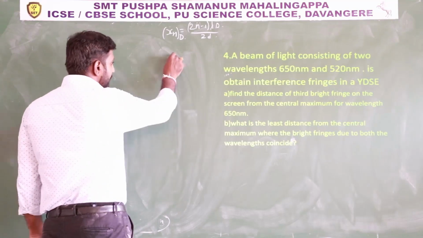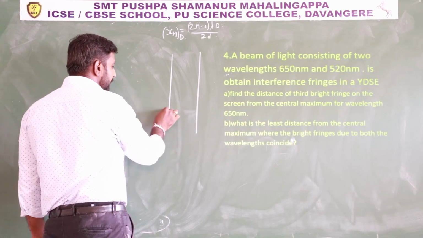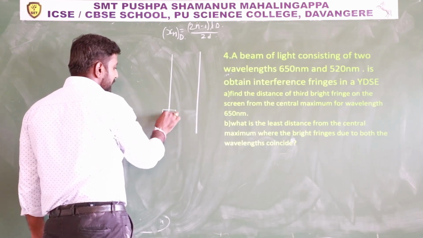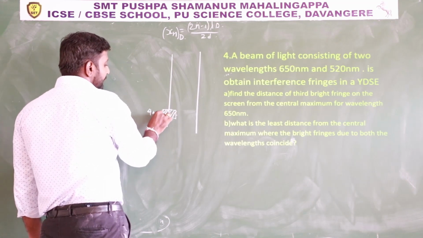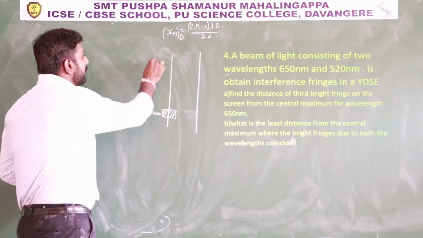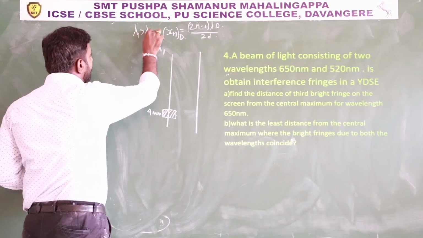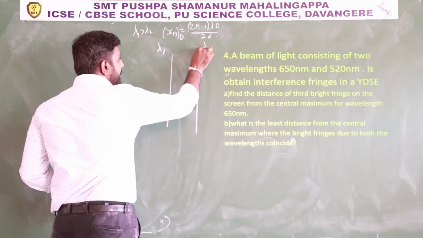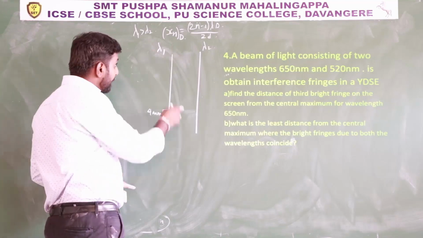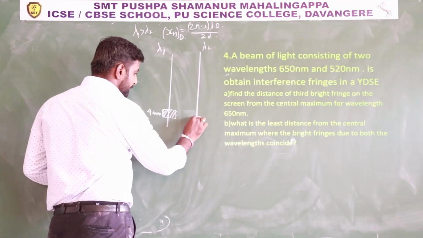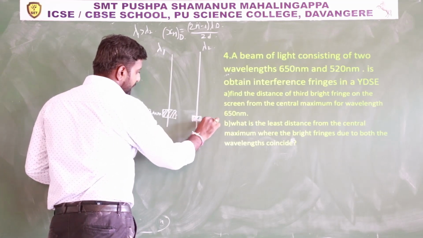Then, how to understand this concept: let us consider these are the fringes. Fringe width of 4 millimeter for the first wavelength lambda 1, where lambda 1 is greater than lambda 2, and another, lesser wavelength, whose fringe width comes to be 3 millimeter.